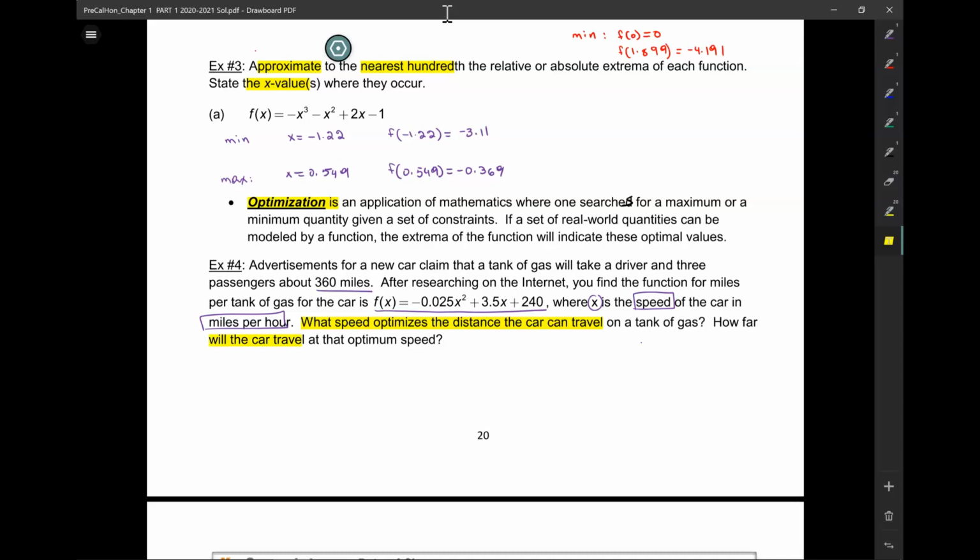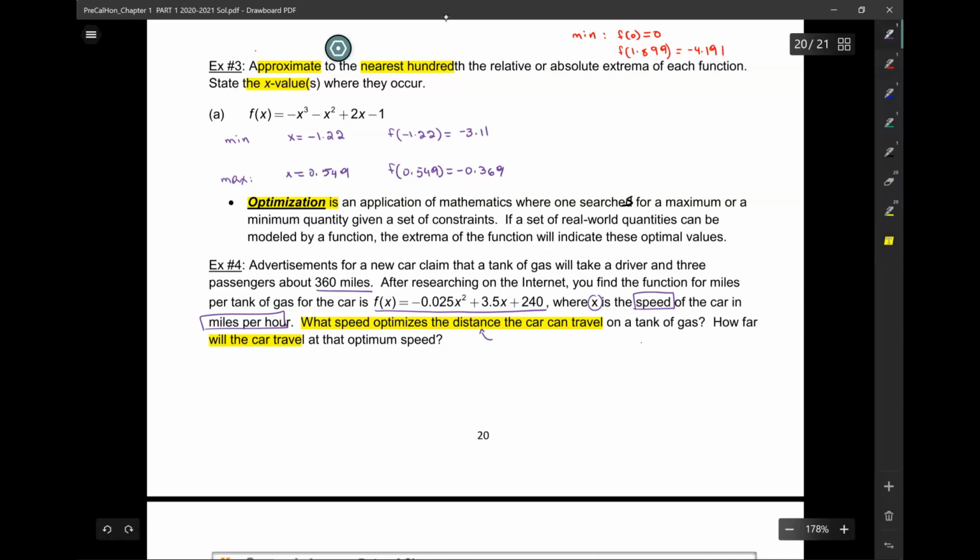It is a good idea to get into the habit of either highlighting, underlining, or circling what you need to find, but pick one and be consistent. I chose to highlight this time, and if you choose to highlight, then in every single problem, try to highlight the information that you need to find. Okay, so it says what speed optimizes the distance the car can travel.